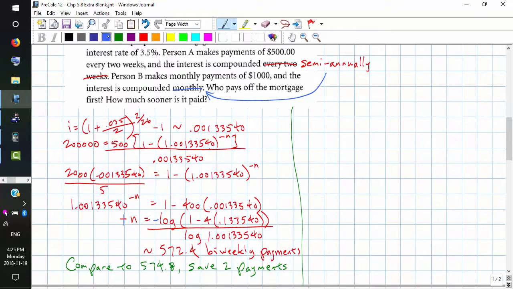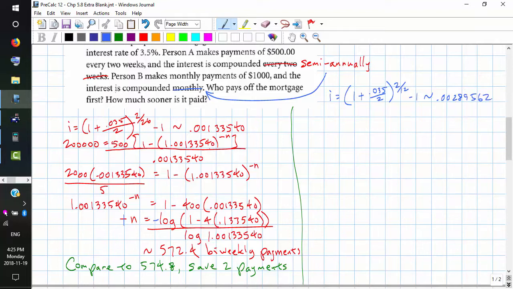Let's take a look at the other calculation. I equals 1 plus 0.035 divided by 2 raised to the power of 2 over 12 minus 1. That gives us approximately 0.00289562.